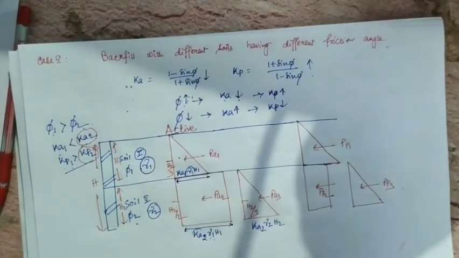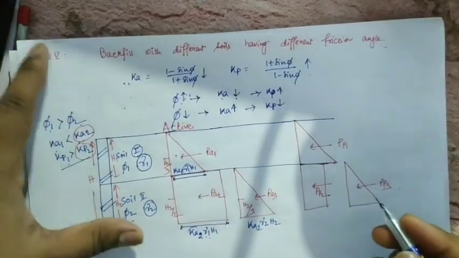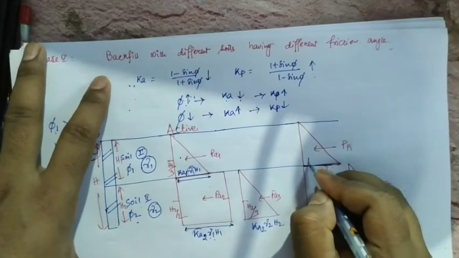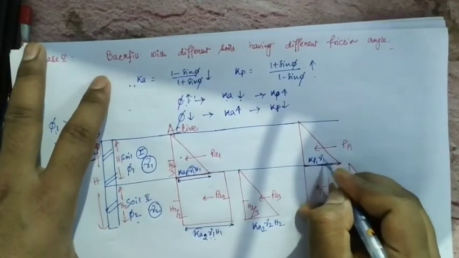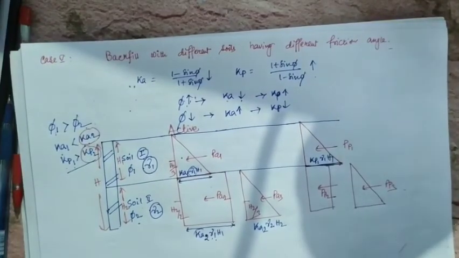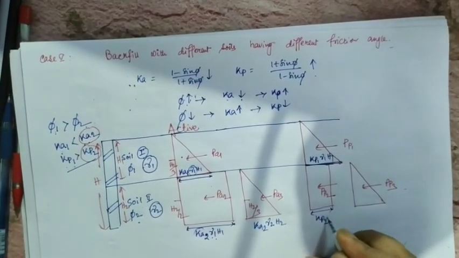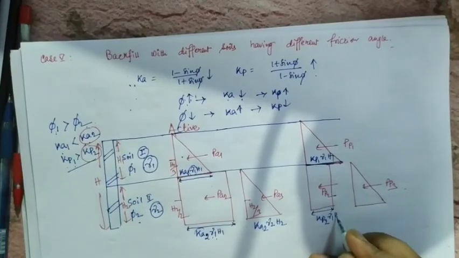So that is all about the active pressure condition, and in case of passive, the value of this pressure will be Kp1 gamma 1 h1, and this will be Kp2 gamma 1 h1.